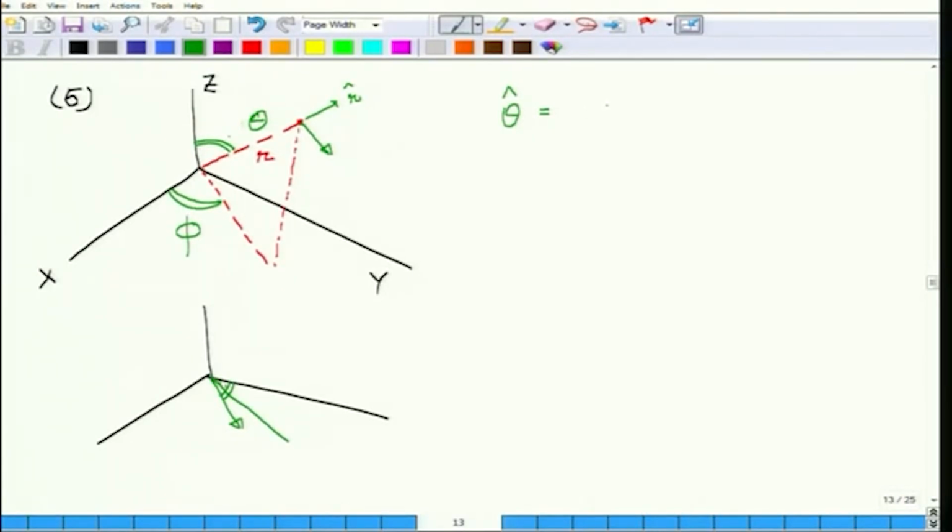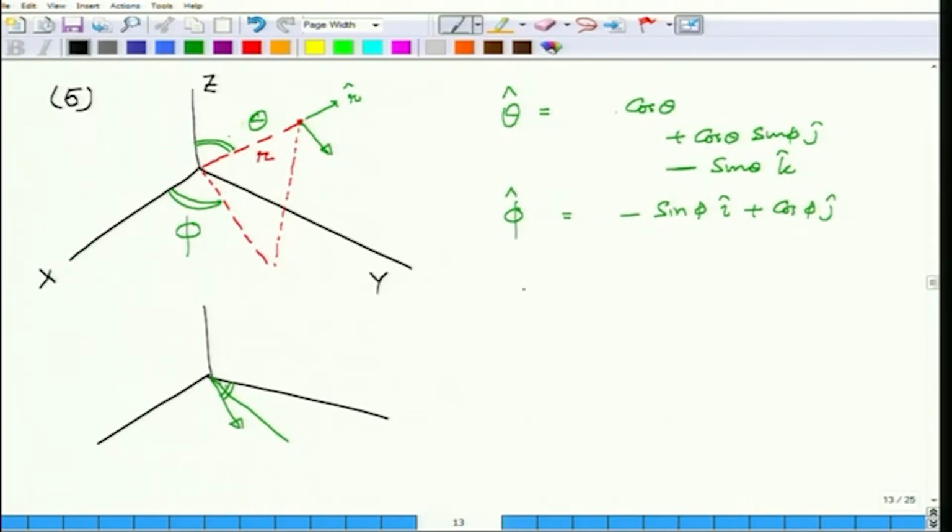So in the xy plane, theta unit vector has a component cosine of theta, then its x component is going to be cosine of phi I plus cosine of theta, y component is going to be sine phi j, and minus sine theta k. Phi unit vector anyway is in the direction, in the plane, just like in the planar polar coordinates, and it's going to be given as minus sine of phi I plus cosine of phi j.